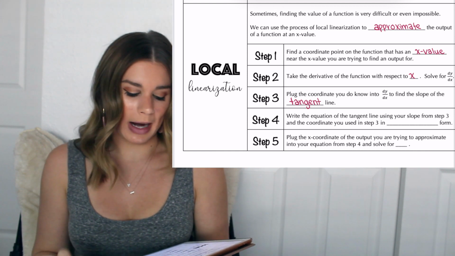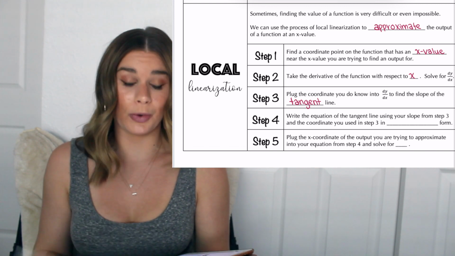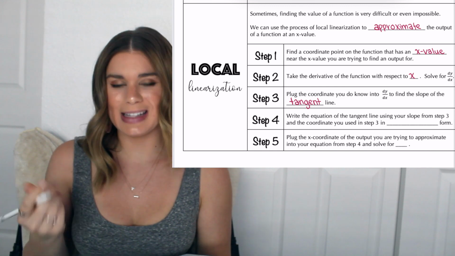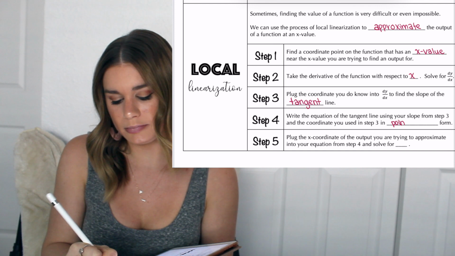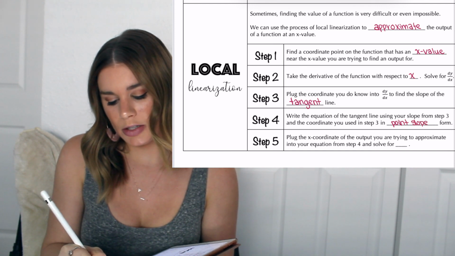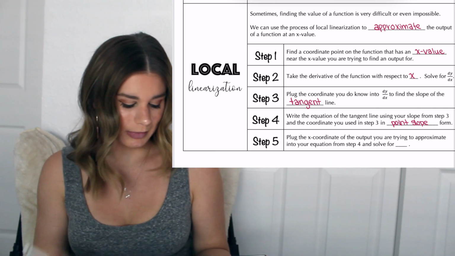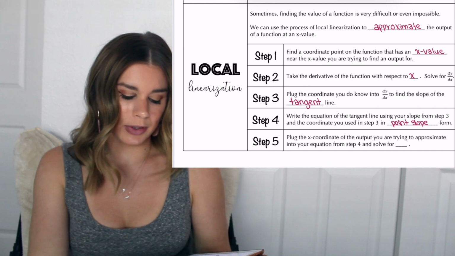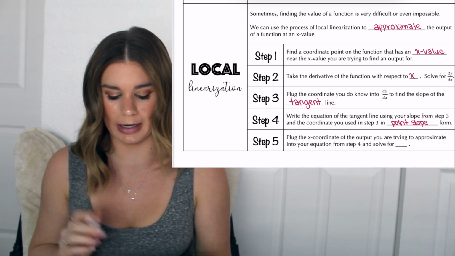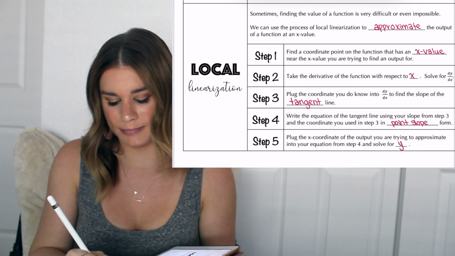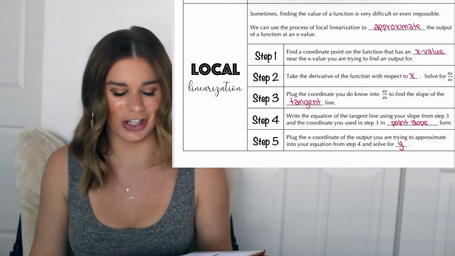You then want to write the equation of the tangent line using your slope from step 3 and the coordinate you used in step 3, and you might as well just keep it in point slope form. You can always rewrite it into y equals mx plus b form. It's completely up to you. Then we want to plug the x coordinate of the output you are trying to approximate into your equation from step 4, and we want to solve for y, basically our output, or approximated output for our original function.